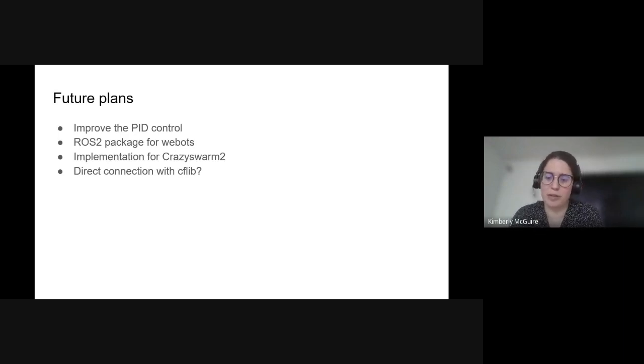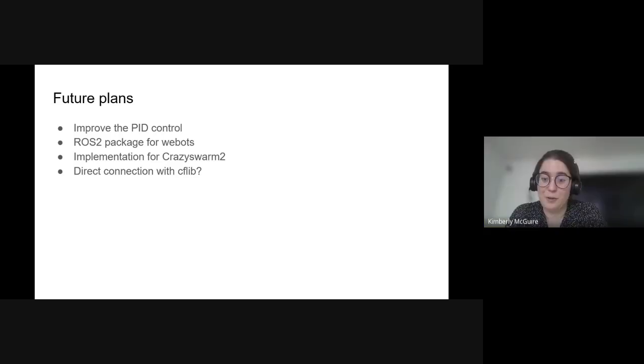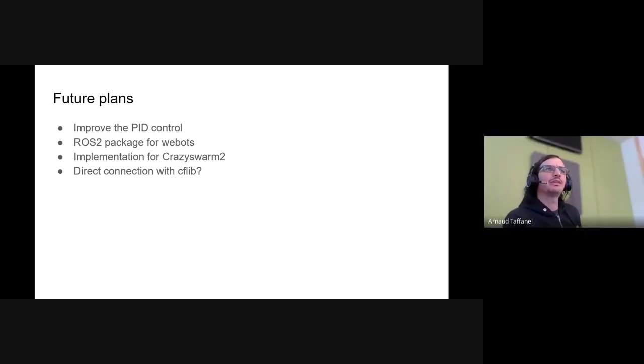We have a couple of other questions. Stefan says, hi, thanks for the presentation and examples. I have a brief question. It seems that the wall following code is in Python only, and it uses CFlib, which is Python?